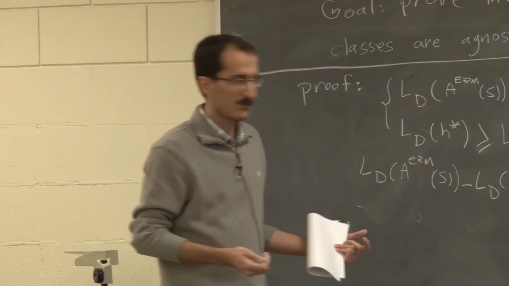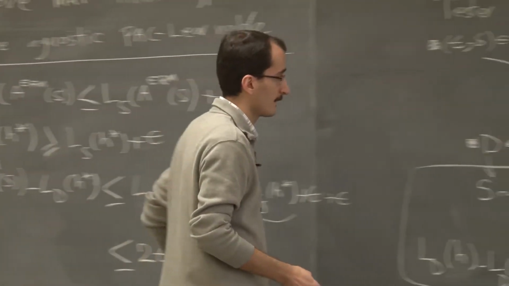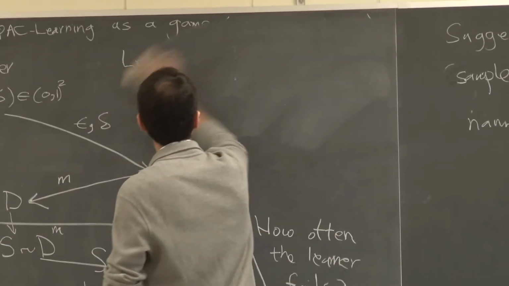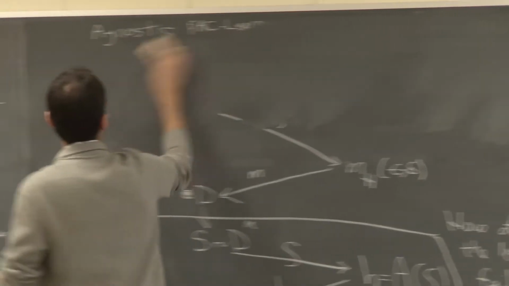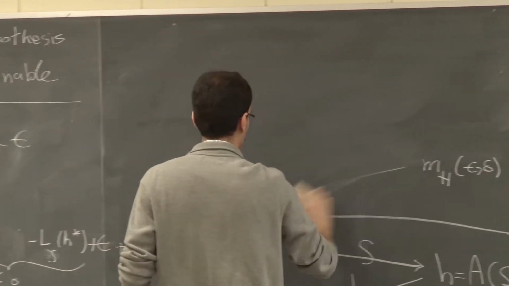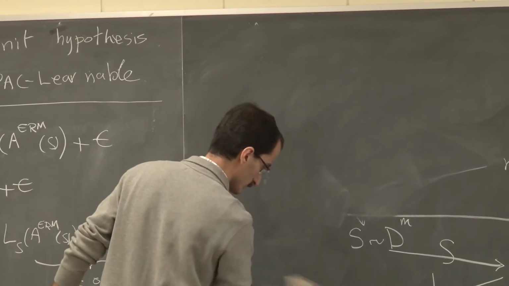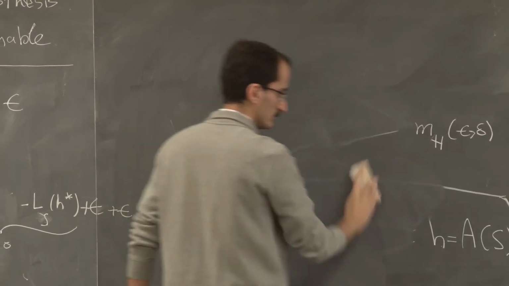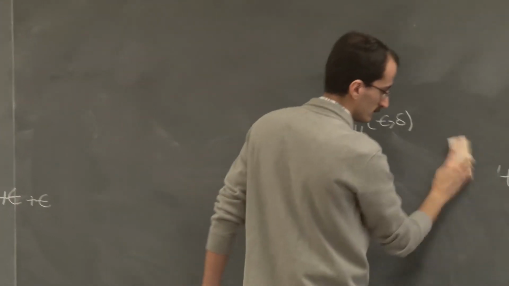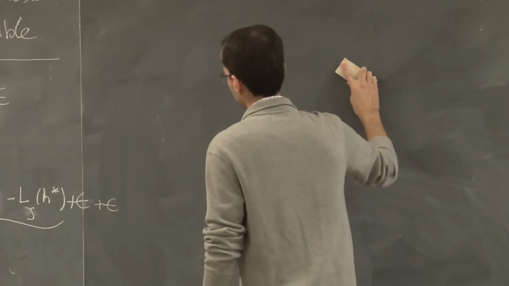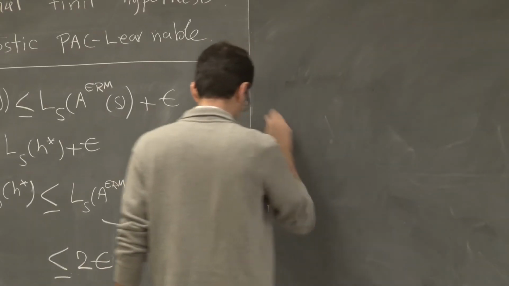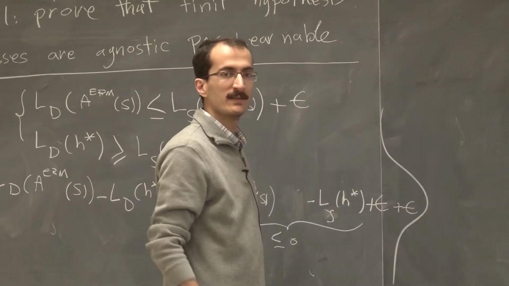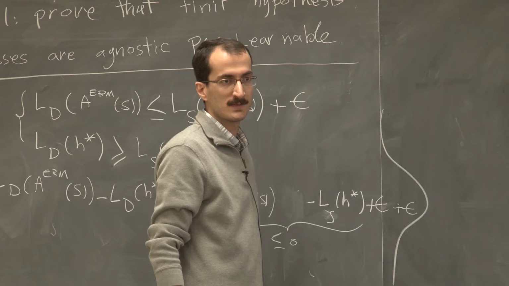But how can we formalize that? So okay, that's where the definition of uniform convergence comes.